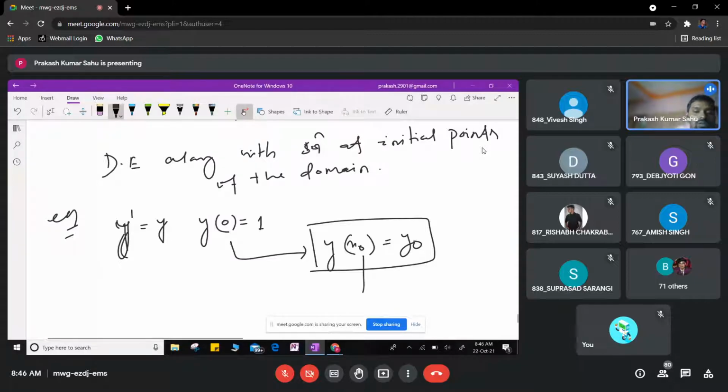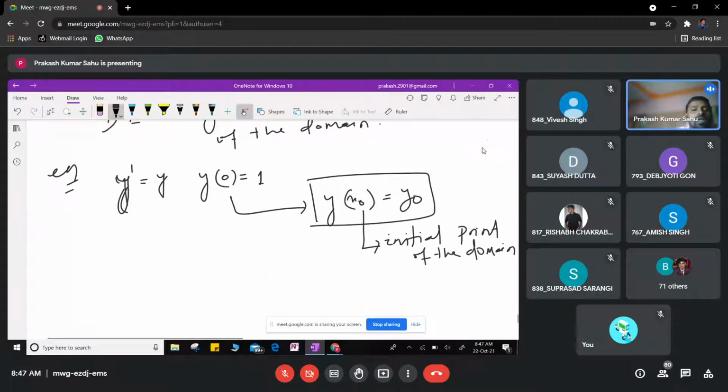And this x0 is the initial point of the domain, and y0 is the solution at x0, because y is the solution. Understood my point?